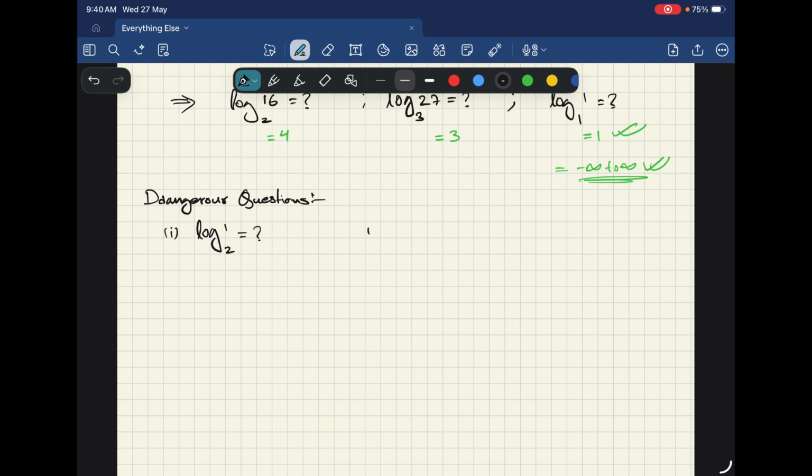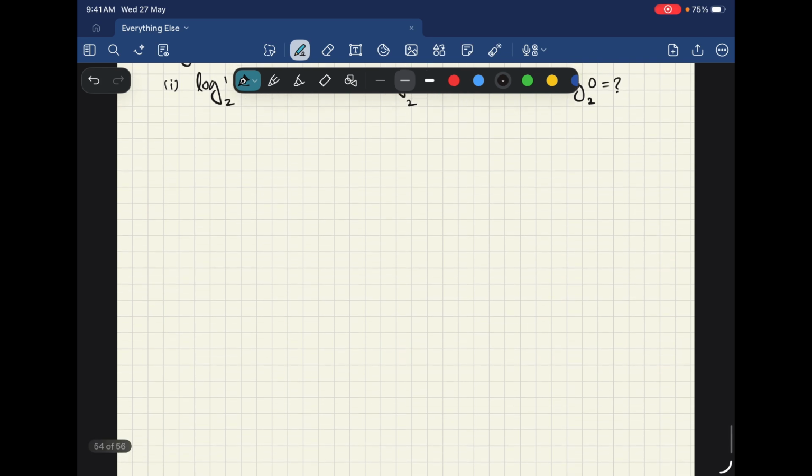Dangerous question number 2: what is log of root 2 with base 2? Dangerous question number 3 is, what is log of 0 base 2? Alright, you can try this after completing this lesson. Right now, let's move on to the next part.